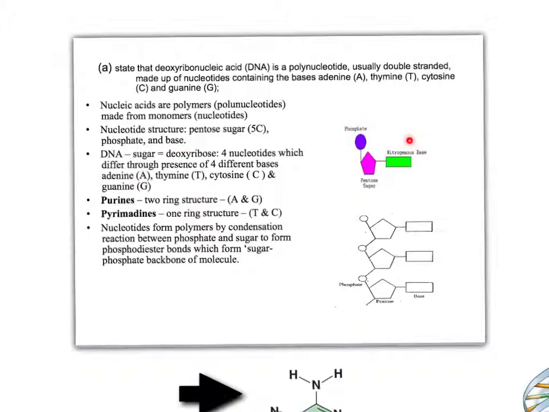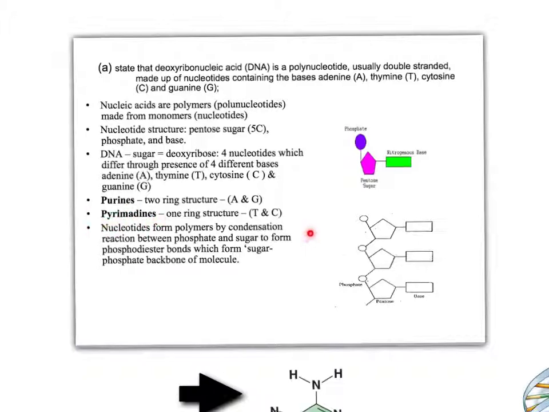For DNA, the sugar is called deoxyribose, and the 4 nucleotides involved are adenine, thymine, cytosine and guanine. Adenine and guanine are a subcategory of bases called purines, whereas thymine and cytosine are a subcategory called pyrimidines.